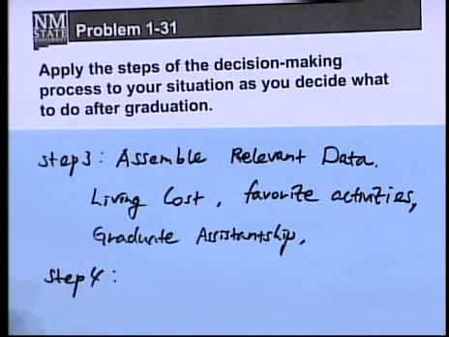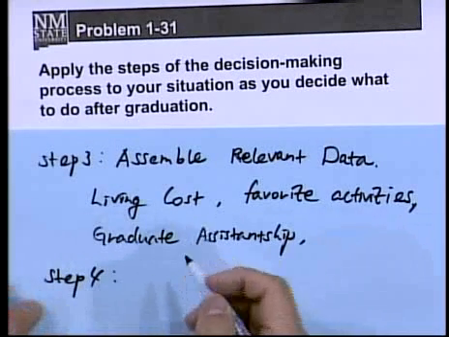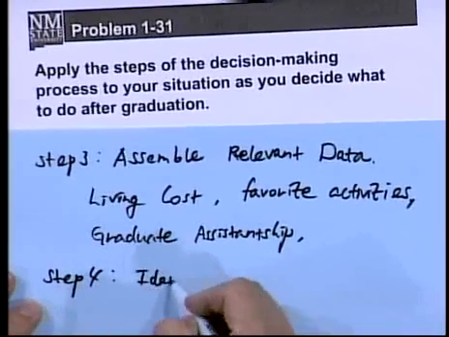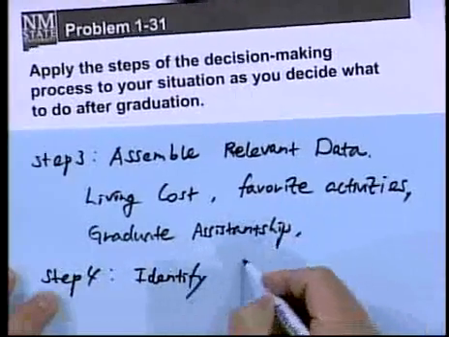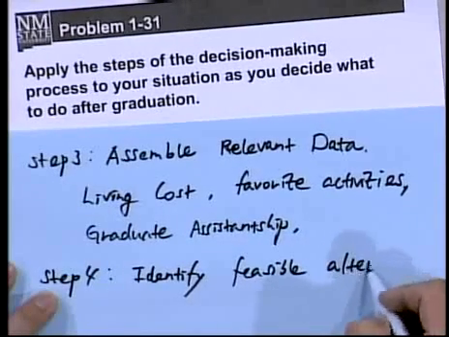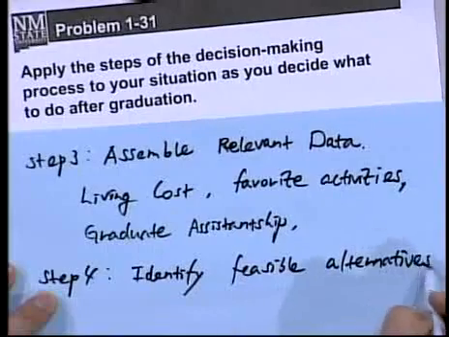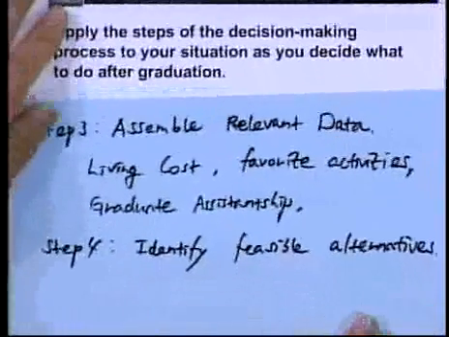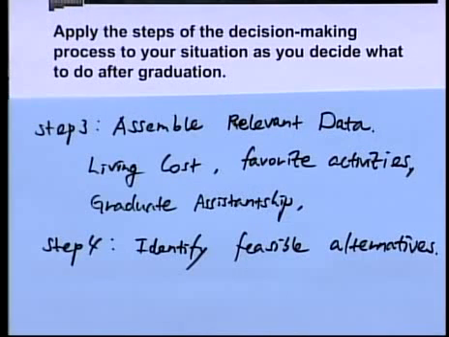And step number 4 is identify feasible alternatives. So find a job near your hometown or at least in your home state. That might be your concern, and applying for graduate assistantships at several universities, things like that.